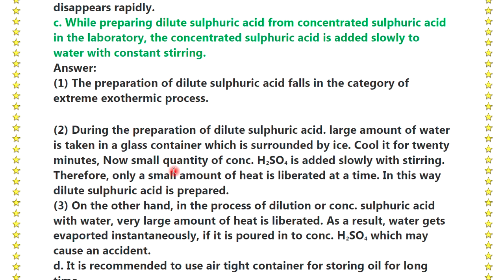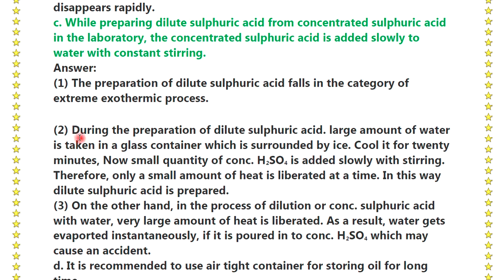Question C: while preparing dilute sulfuric acid from concentrated sulfuric acid in the laboratory, the concentrated sulfuric acid is added slowly to the water with constant stirring. Answer: the preparation of dilute sulfuric acid falls in the category of extremely exothermic reactions.